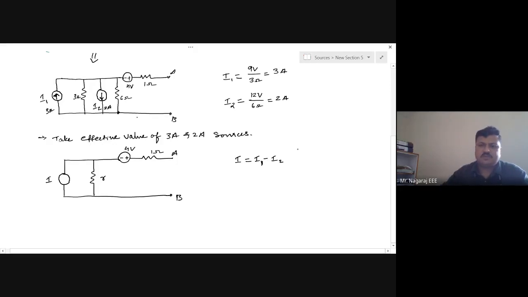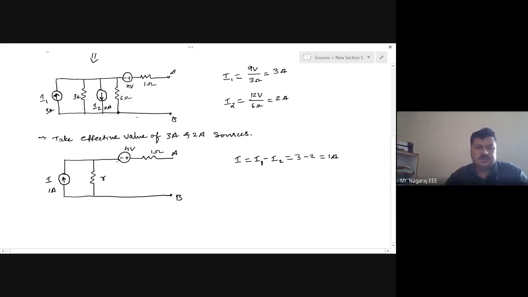Therefore, it is 3 minus 2, which is 1 ampere. The direction of this 1 ampere is upward, because the direction of the resultant current is the direction of the larger valued current.